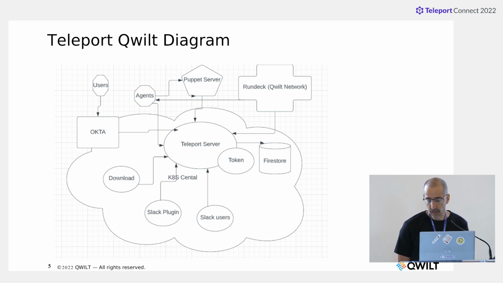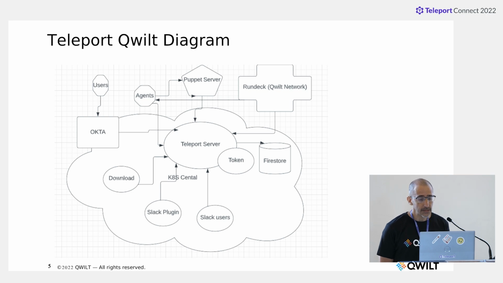Okay, so this is the Slack plugin. This is the official Teleport Slack plugin. Slack users is our Slack bot service, which gives the users the ability to call APIs to the Teleport service.